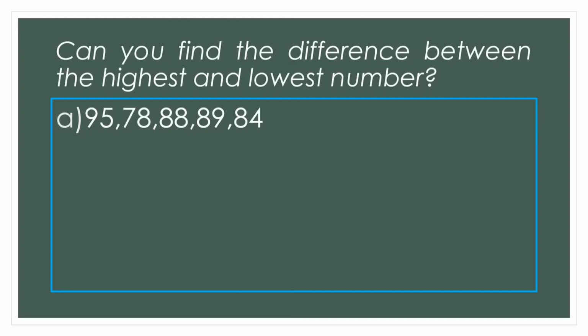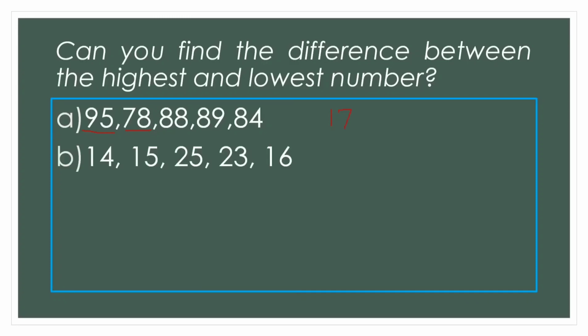Okay, the highest number here is 95. Am I right? And the lowest number is 78. When we subtract those two, 95 minus 78 is equal to 17. So the answer to letter A is 17.